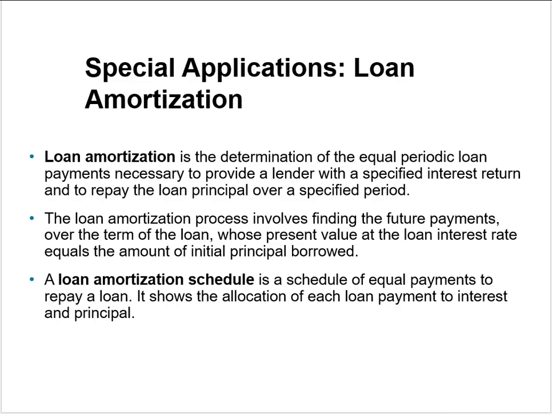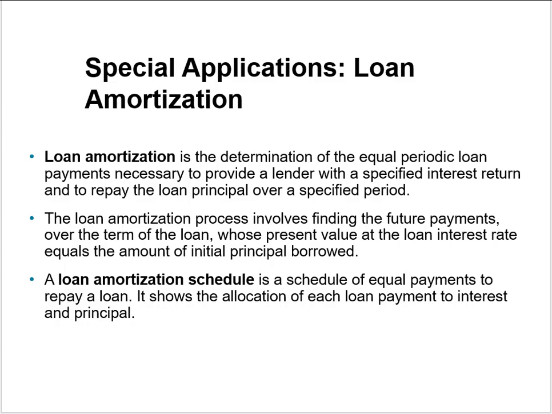Another application that we can talk about is loans, right? So loans are what we refer to sometimes as being amortized. When you borrow money to buy a car, you make equal payments every month for the life of the loan, and each of those payments is equal, but their composition is different.